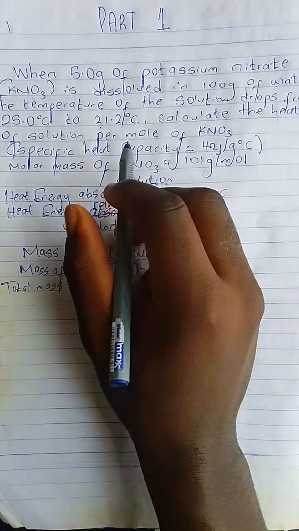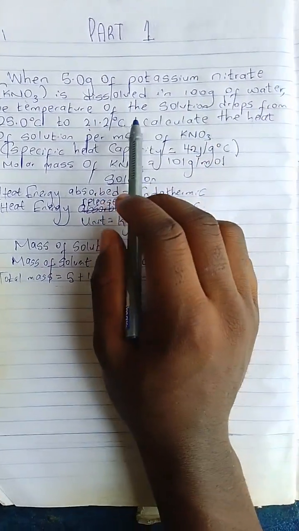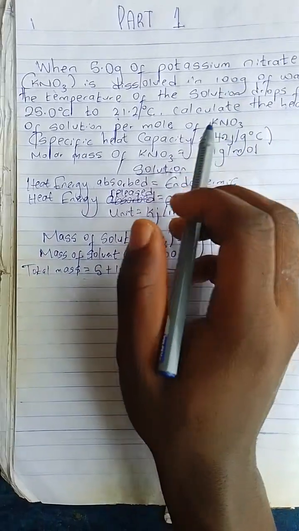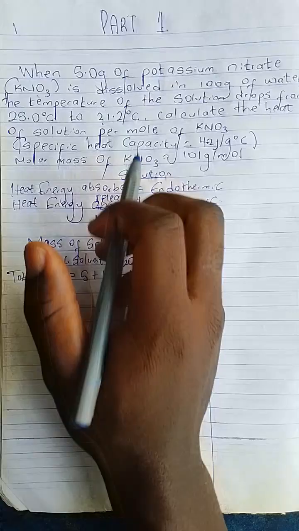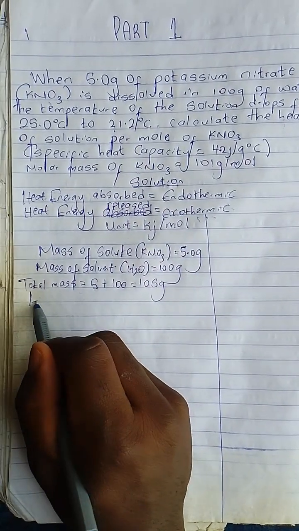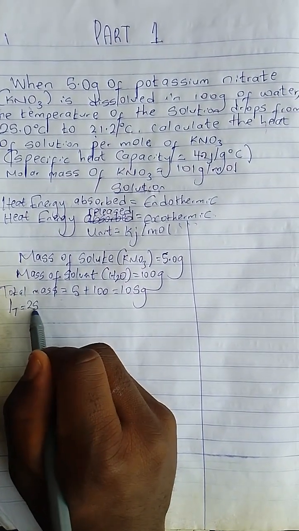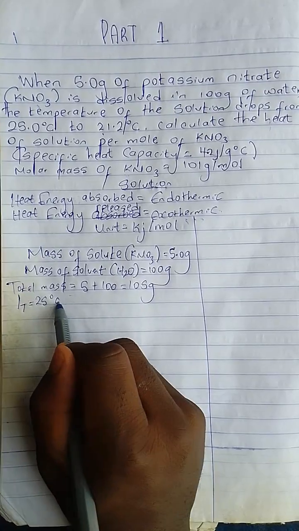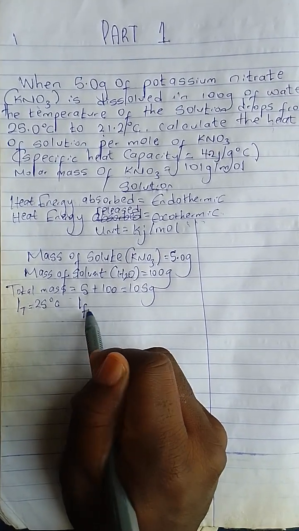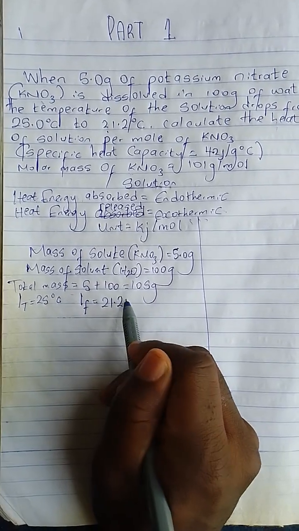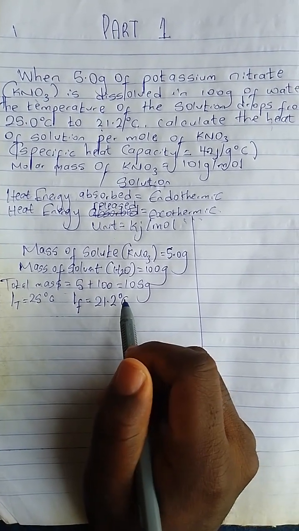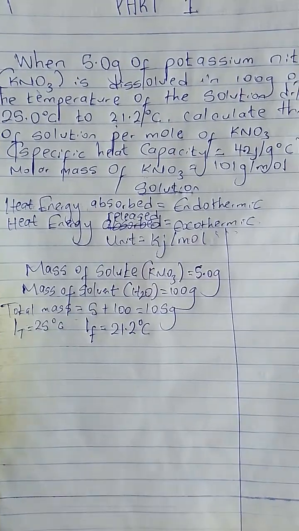Alright, now what did he say again? He said the temperature of the solution drops from 25 degrees Celsius to 21.2. From 25 degrees Celsius, you will agree with me that the initial temperature is 25 degrees Celsius, while the final temperature is 21.2 degrees Celsius.